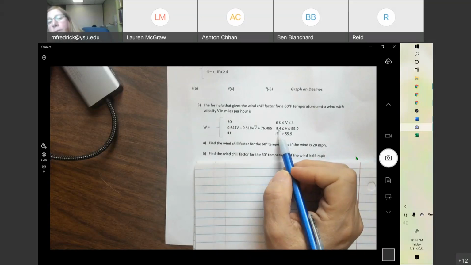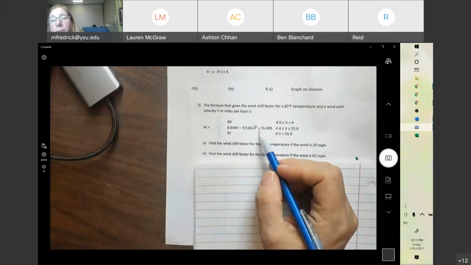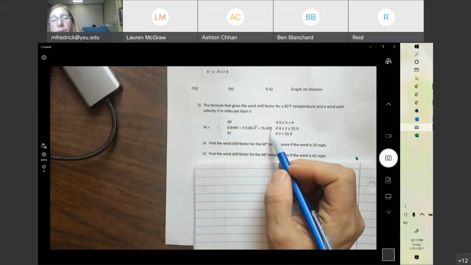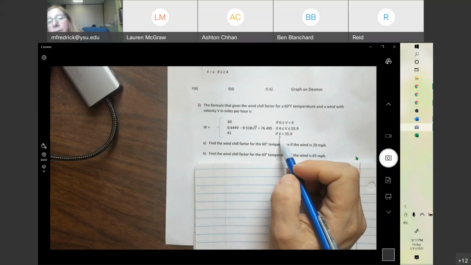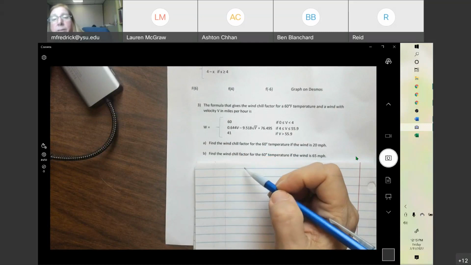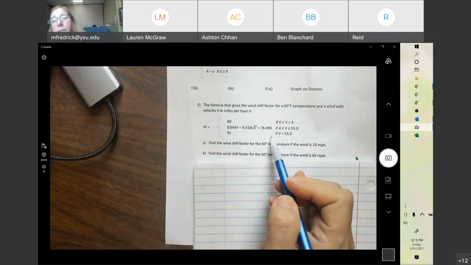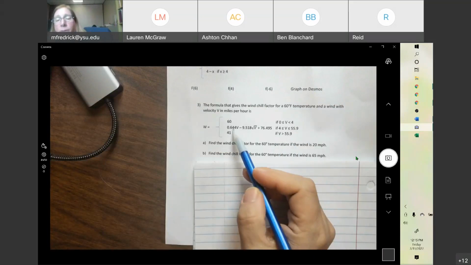If it's including the 4 to 55.9 inclusive, then use this formula to find how cold it is. And then if V is greater than 55.9, it's 41 degrees. So depending on how strong the wind is, the colder it will feel, even though it's a 60-degree day. But after a certain point, it's only going to feel 41. It won't feel colder than that.